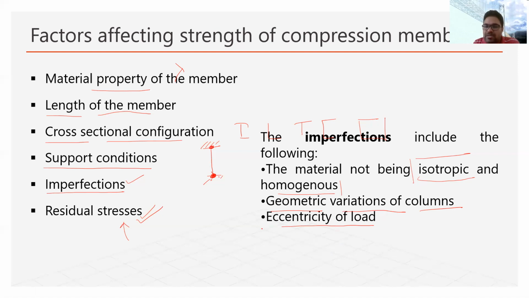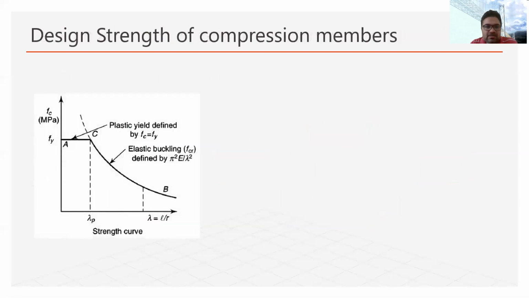So there may be some eccentricity of the load, and because of the eccentricity, the buckling strength of the column will decrease. So the strength curve that we have seen in the previous part, this curve, will not be perfect, because it is based on various assumptions that may not be real in the case of a real column.